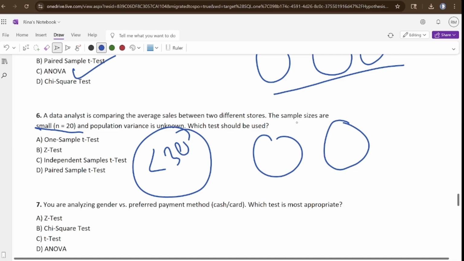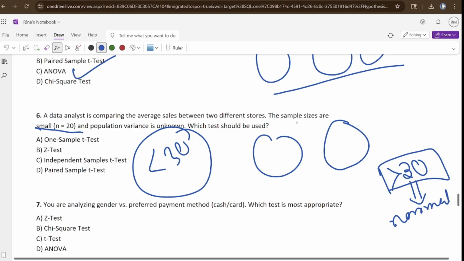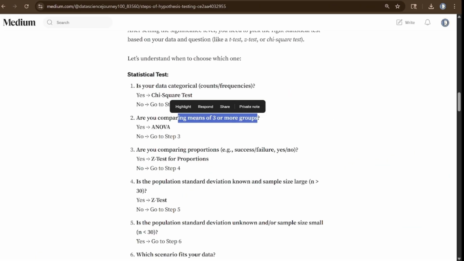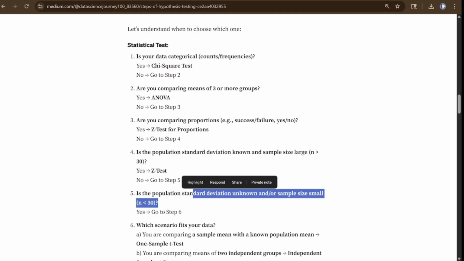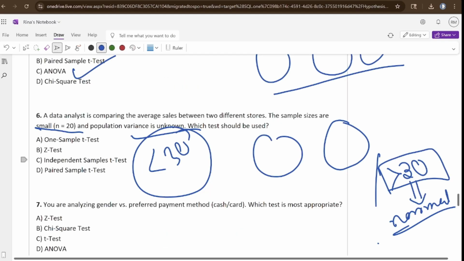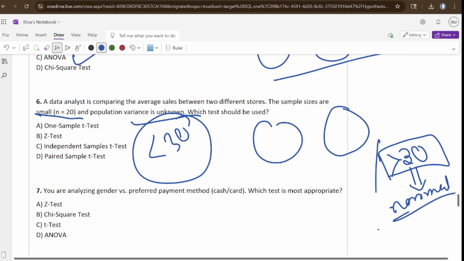I hope you know central limit theorem, you have to be greater than 30. Then what happens? If the sample size is greater than 30, then it behaves like normal distribution. That is the concept of central limit theorem. Anyway, here the sample size is less than 30 and population variance is unknown. See, the population variance is unknown and the sample size is less than 30. Okay, so you have to go for t-test.